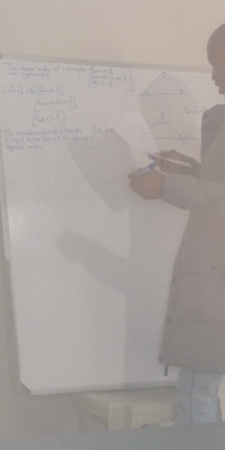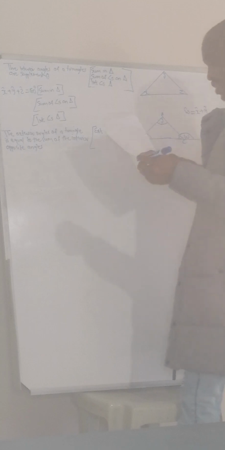The last one, we are saying that the angles opposite the equal sides in an isosceles triangle are equal. What are we saying? The angles that are opposite equal sides in an isosceles triangle are equal.